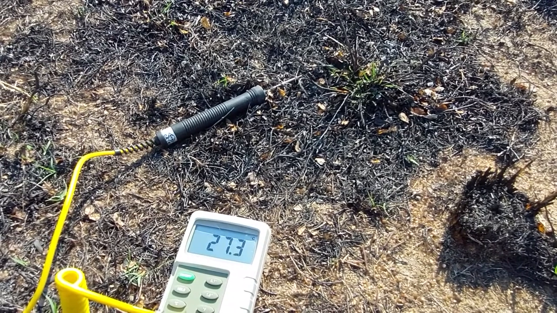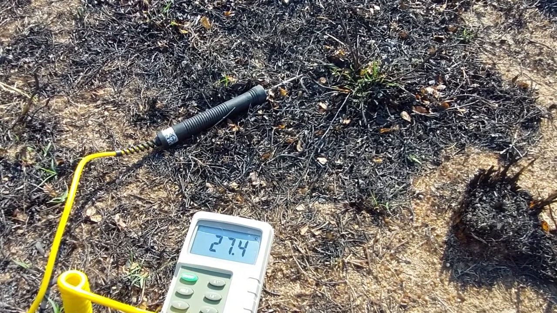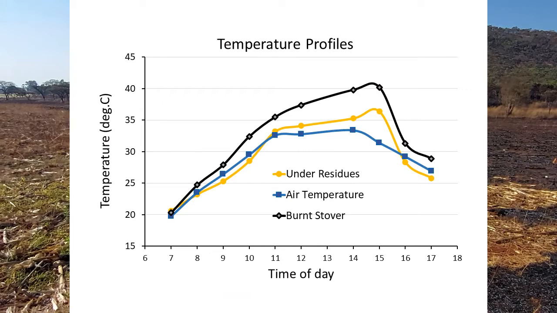When you look at the temperature profiles under burnt or unburnt areas, we see that in the early morning, around 7 o'clock, the temperatures of the air and the soil surface under burnt or stover are fairly similar. But as the day proceeds and the sun rises and the air temperature increases, so too does the soil temperature.